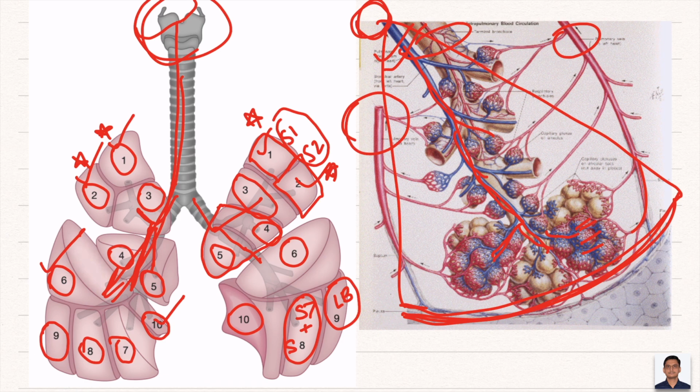And radiologists use this segmental map to describe precise lesion and its location on CT scan. And pulmonologists employ the knowledge of bronchopulmonary segmentation during bronchoscopy to navigate into the specific segmental bronchi for lavage or biopsy.